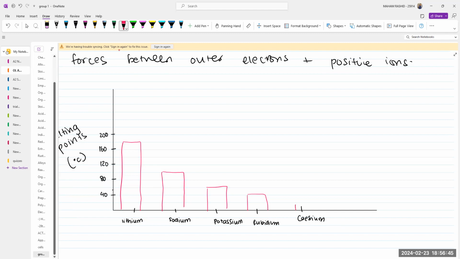So this is here. Okay. So we see here that the melting point decreases as you go down.